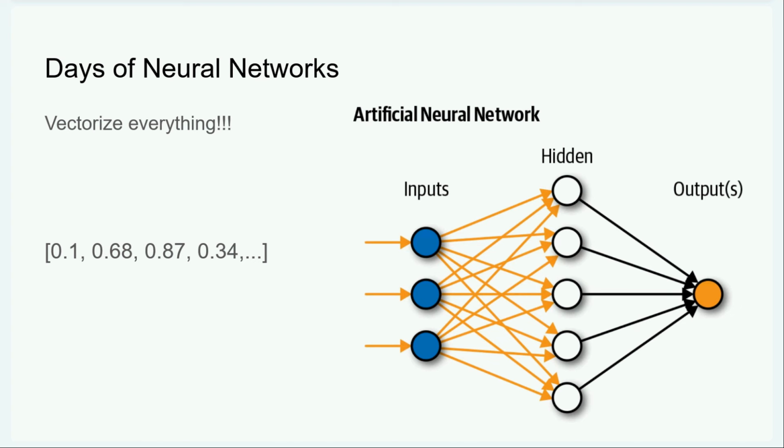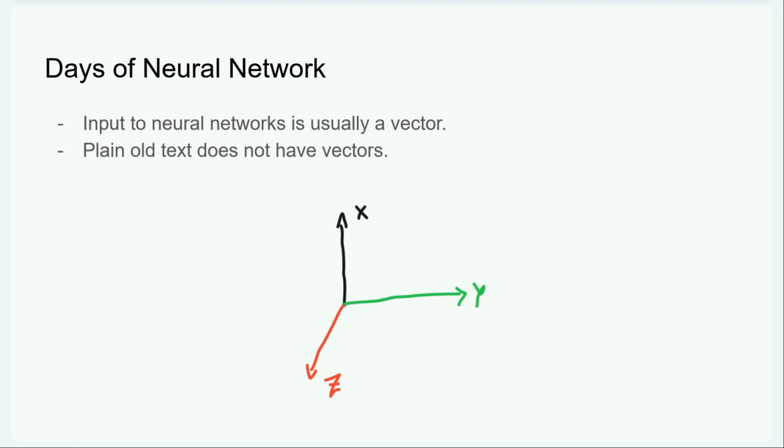Models do not take any kind of text input. So I cannot feed my name directly into a model. It has to have a certain numerical representation. And in machine learning terms, we call them vectors. So the input to the models are vectors.